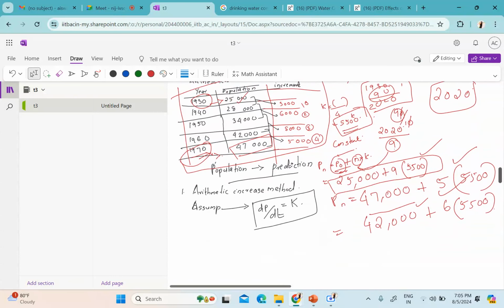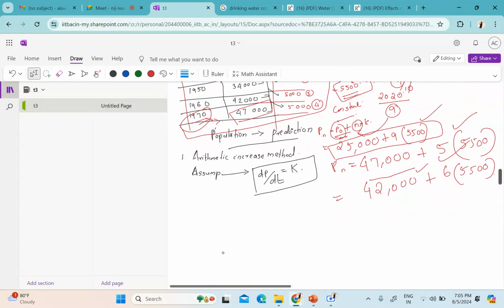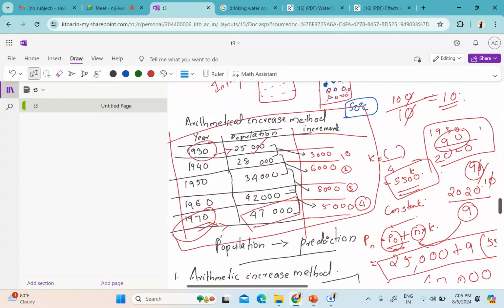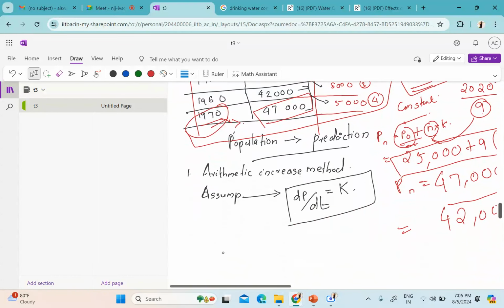Okay, now I will give you one question. You have this value which I have mentioned on the board, and I am telling you to calculate the number of people at 2014, 2070, 2150.